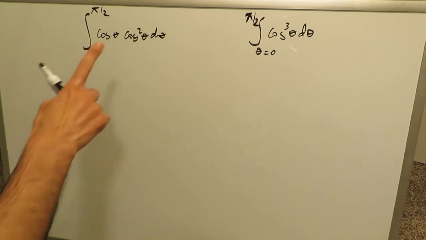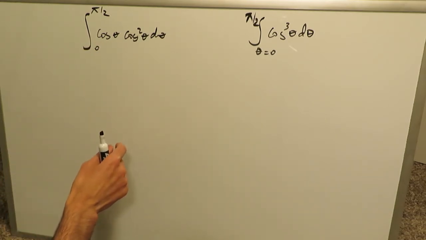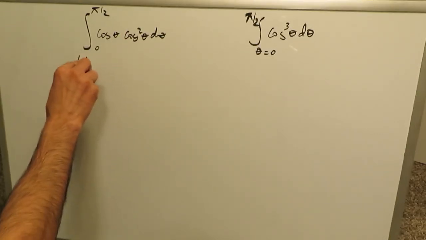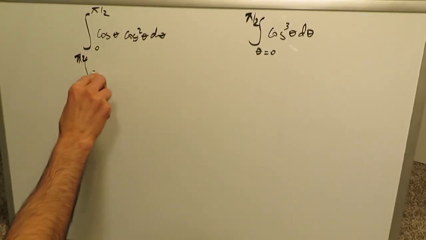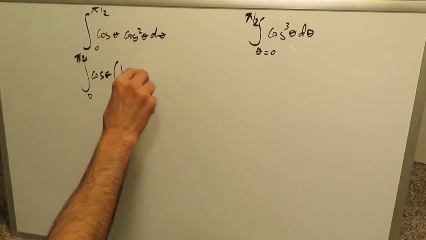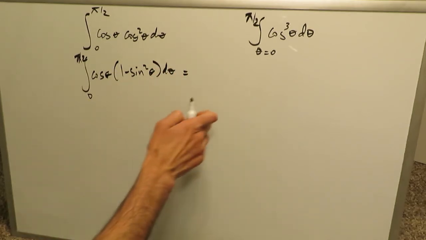Use a trigonometric identity right over here. Sine squared theta plus cosine squared theta equals 1. Cosine squared theta equals 1 minus sine squared theta, and use it in that form. Pi over 2 to 0, cosine theta, and then here you have 1 minus sine squared theta d theta. Open up the parentheses.